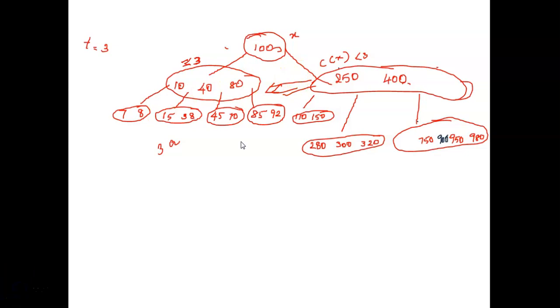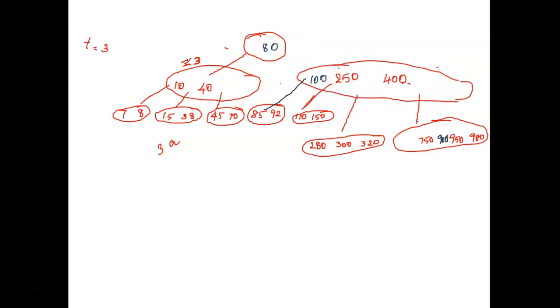So here I have to swap 100 to this position and I have to move 80 to this position. So this can be done while redistributing. Okay.